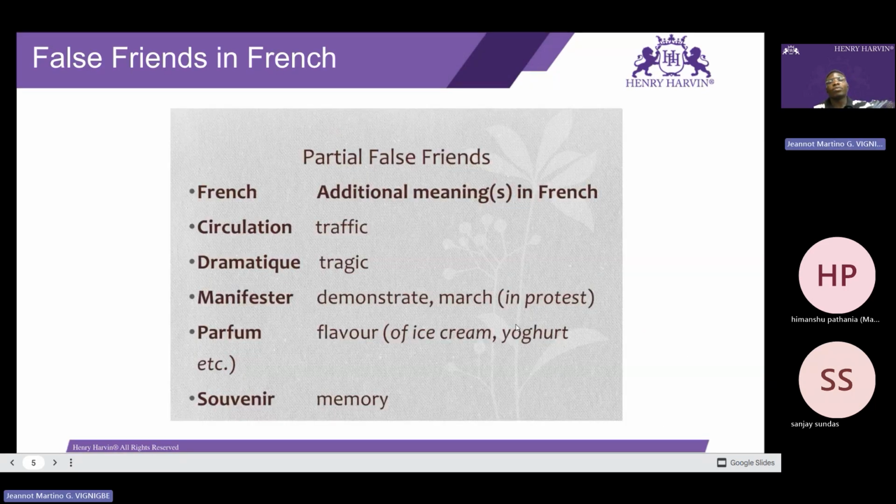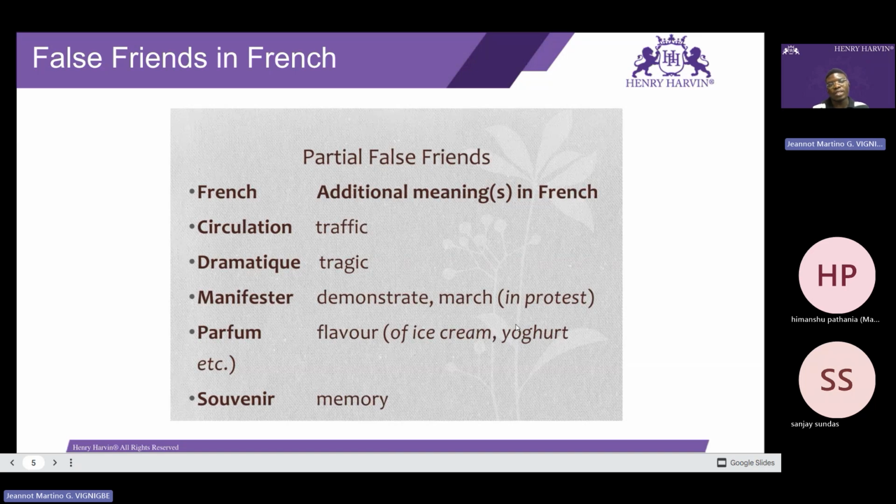Now, nous allons parler ici de... Lorsque vous prenez un mot en français, vous devez également vérifier la grammaire, l'orthographe et identifier également ce que veut dire le mot. So, when you have partial false friends, French has an additional meaning.